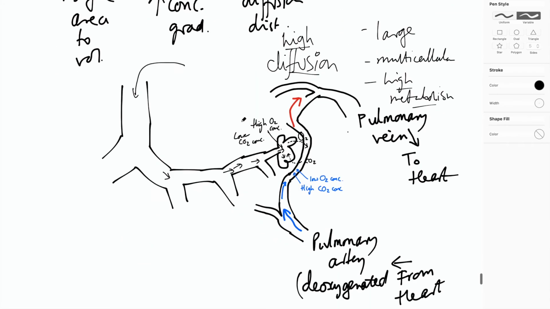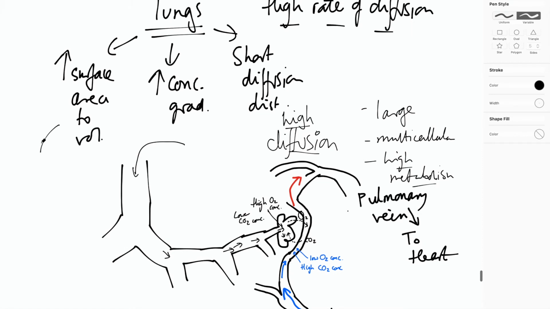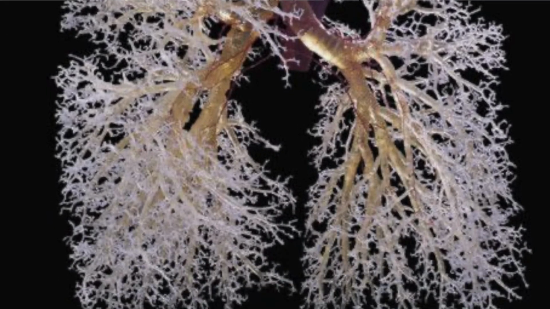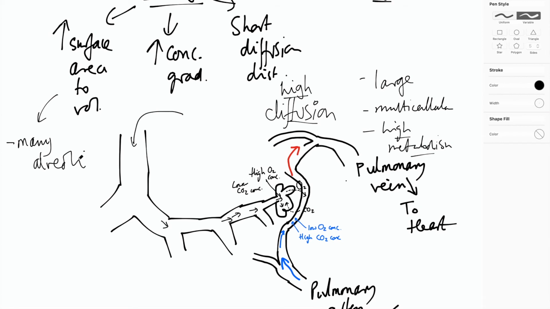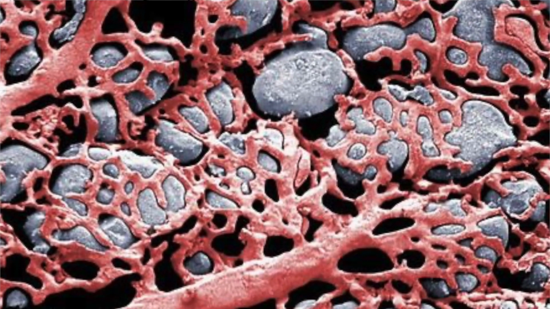So, high surface area. First of all, in terms of the high surface area, we have many alveoli. So that's one thing. The other thing is that network of capillaries.